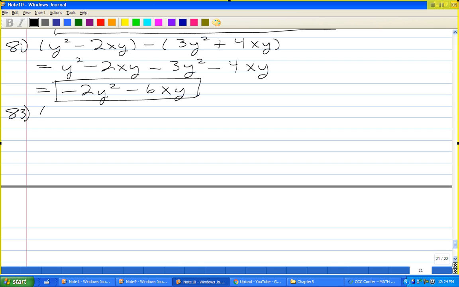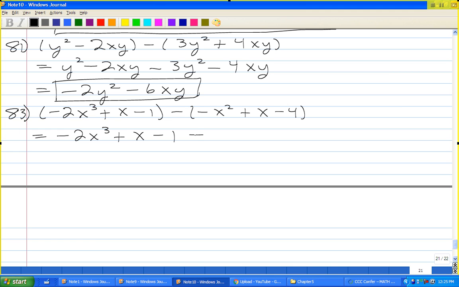Minus 2x cubed plus x minus 1 minus negative x squared plus x minus 4 is equal to negative 2x cubed plus x minus 1, changing all the signs inside the parentheses.